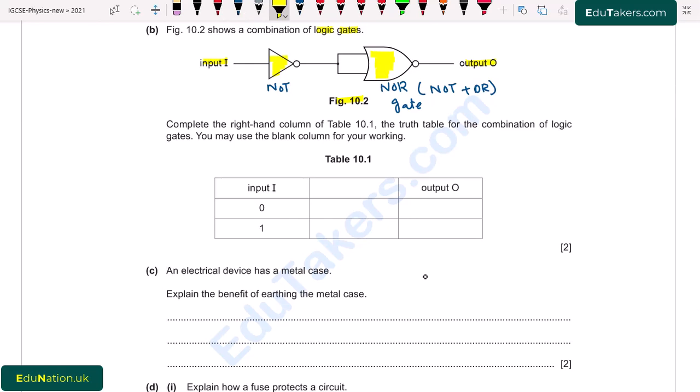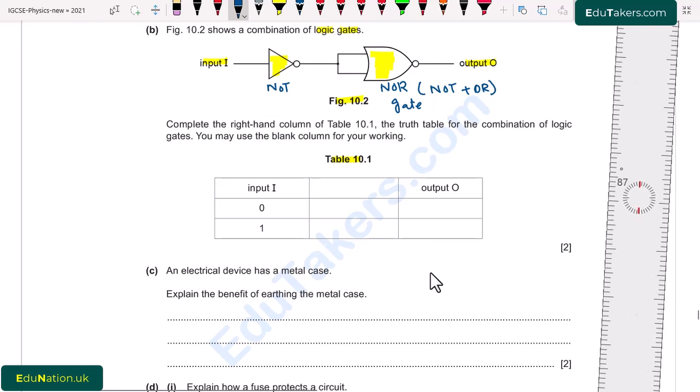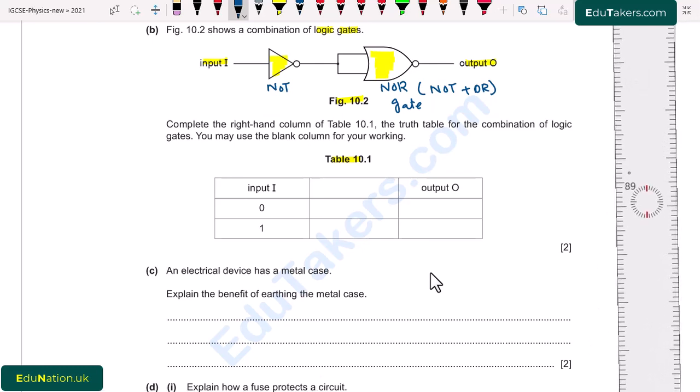Complete the right hand column of table 10.1, the truth table for the combination of logic gates. You may use the blank column for your working. So in table 10.1 we have to complete this table. So first of all I write the truth table for NOR gate, and it will be just like this. First of all I draw the lines to show the inputs and outputs.